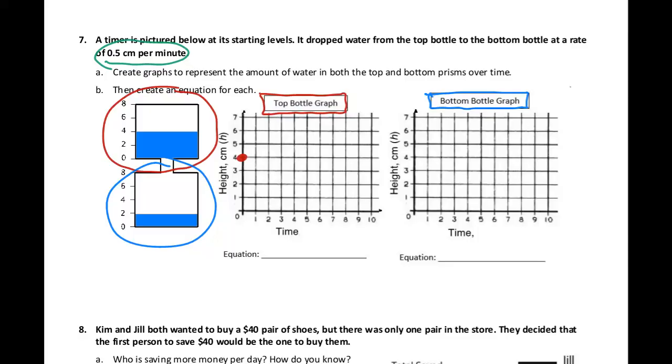Okay. And it says it is decreasing at 0.5 centimeters per minute. So this here at the bottom, I don't love how they had this, but it is time in minutes. Might be helpful. So it's going to go down 0.5 in a minute. So in 1 minute, down 0.5 means I'm at 3.5.